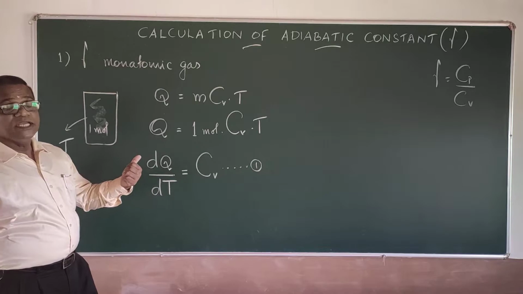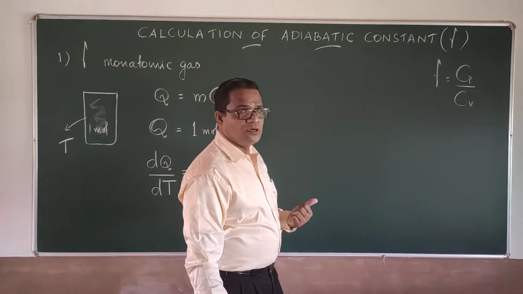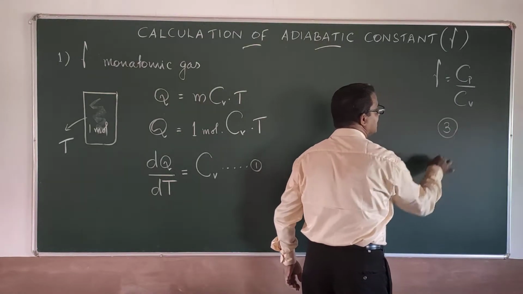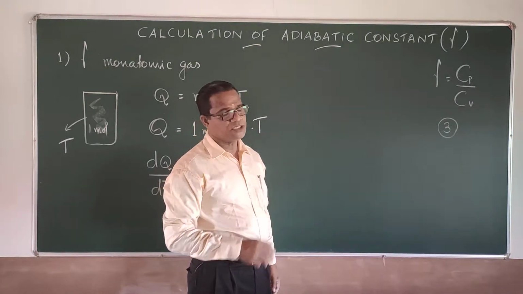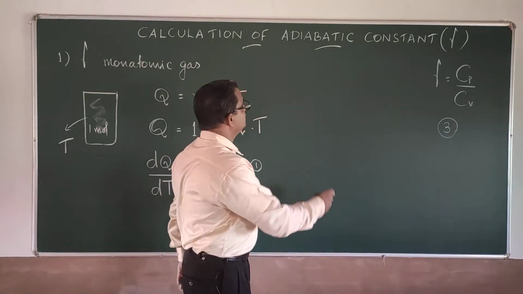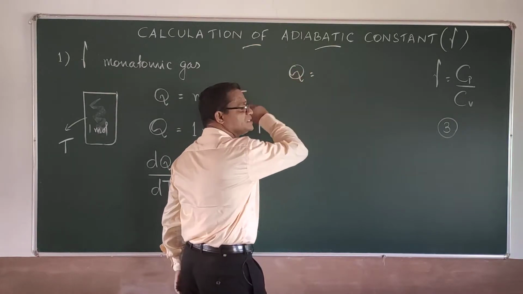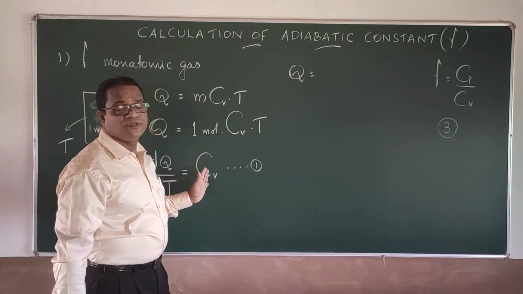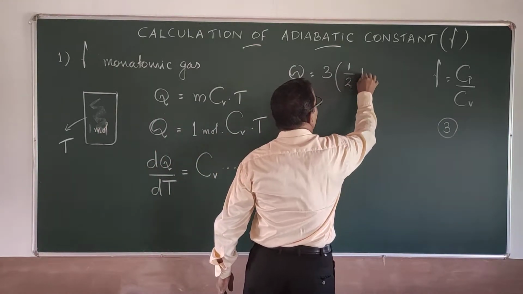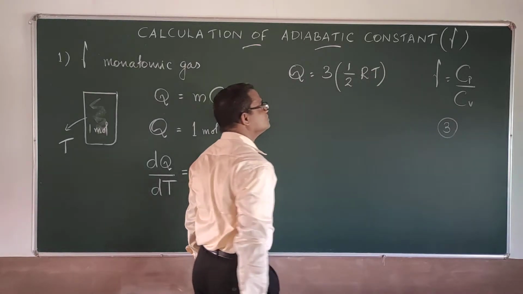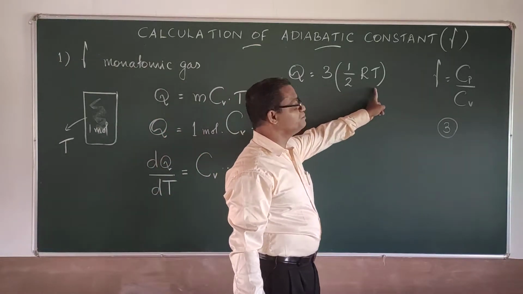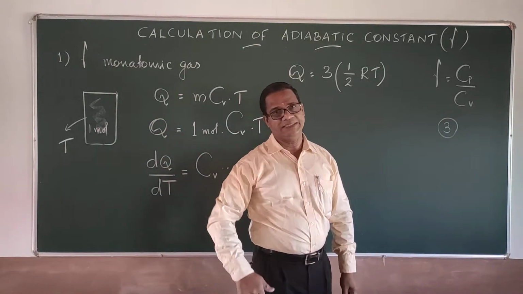Now, I use the equipartition of energy. For a monatomic gas, we got the number of degrees of freedom as 3. Therefore, according to equipartition of energy, the energy associated with this gas at this temperature will be equal to 3 times 1 by 2 RT. Each degree of freedom must have half RT per mole, and we have taken 1 mole of the gas.